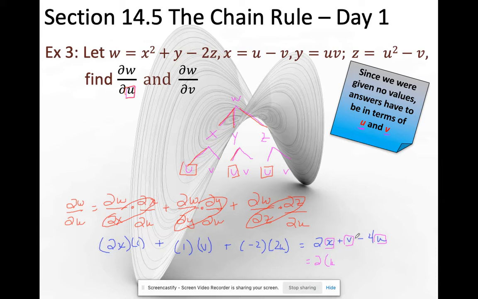I don't know why I boxed my V and my V. My V and my U can stay, just my X. My X is, so that's 2 times U minus V. Okay.